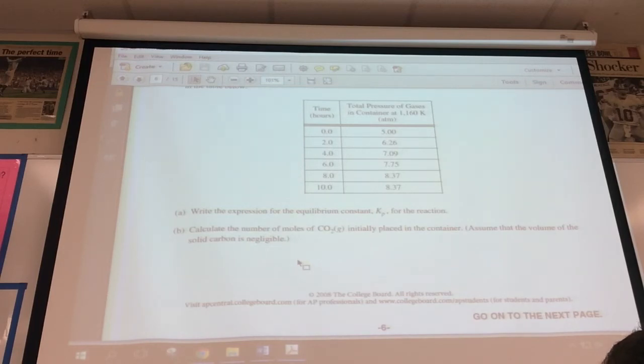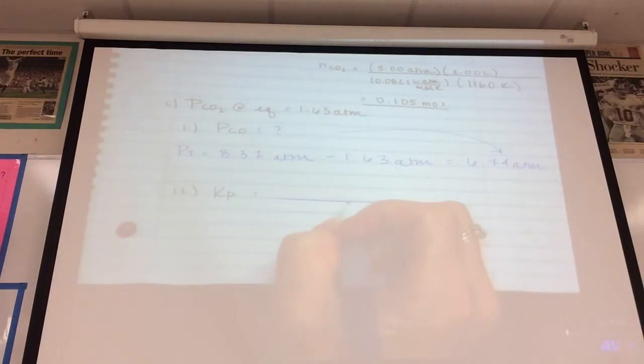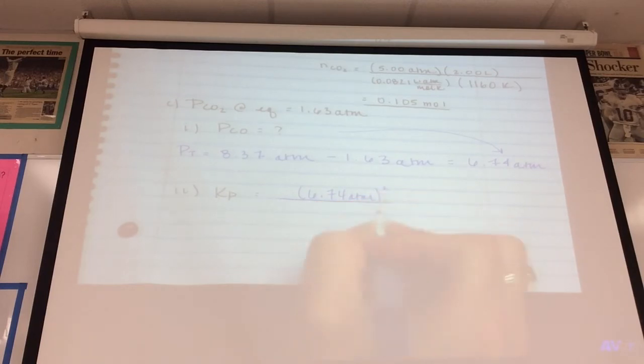Okay. How do we get Kp then? We already wrote the expression. So the partial pressure of carbon monoxide is this, and we're going to square it. And what's the partial pressure of CO2 at equilibrium? 1.63.